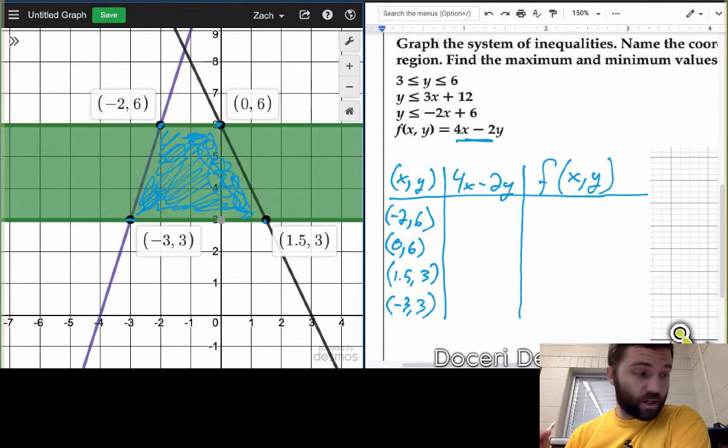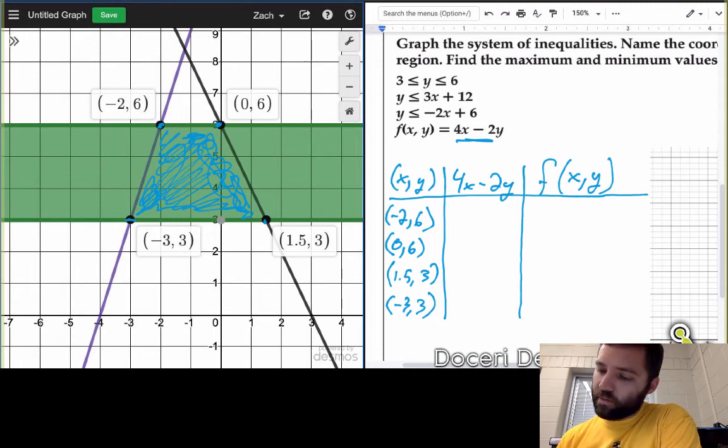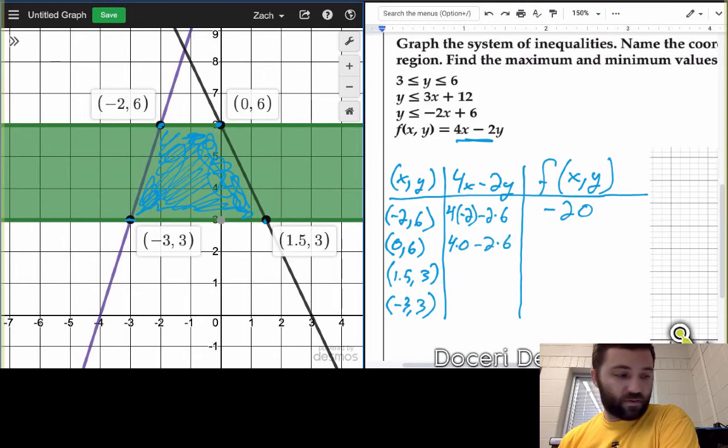We're going to be careful when we do it. I'll try and show you all of them here. 4 times -2 minus 2 times 6. Whatever that number is, that will be the function value. It turns out to be -20. Then 4 times 0 minus 2 times 6 turns out to be -12.